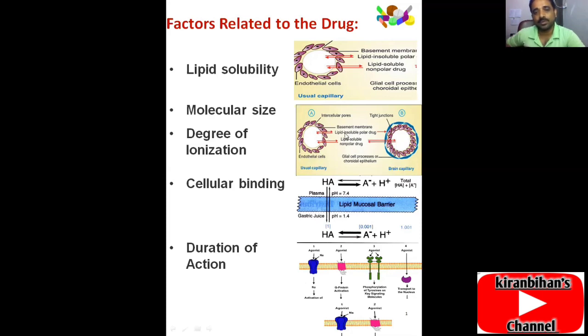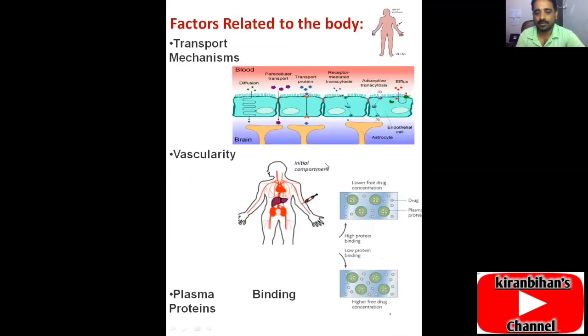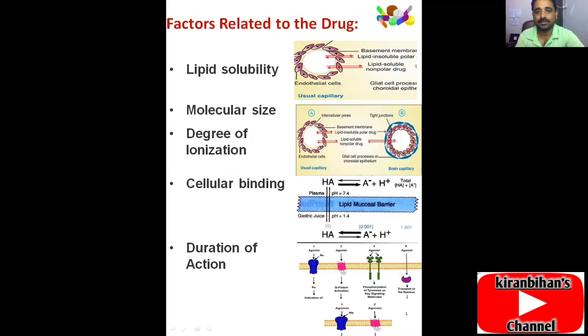So lipid insoluble polar drugs can cross through these pores and remain extracellularly, like I gave you the example previously, aminoglycoside, which is a water soluble drug and can cross these pores and only remain in the extracellular spaces.